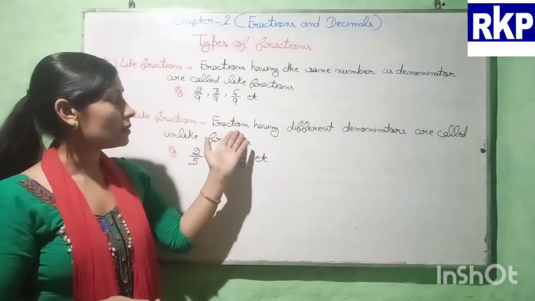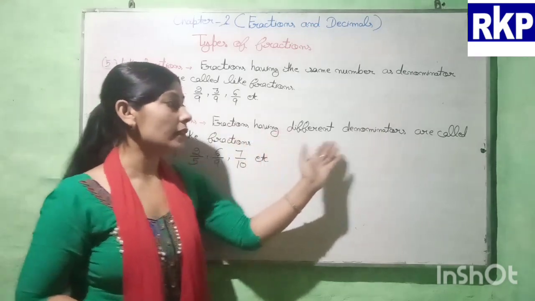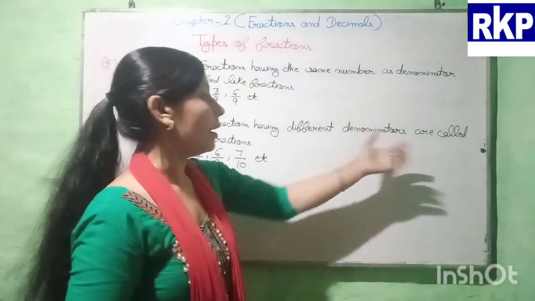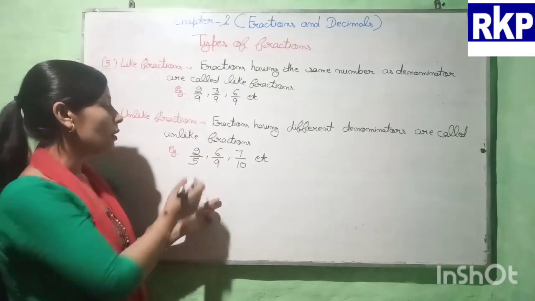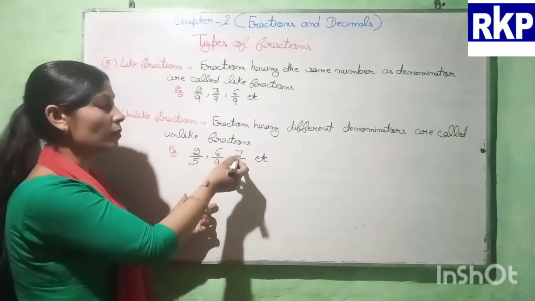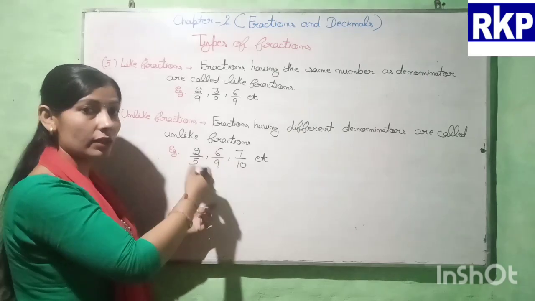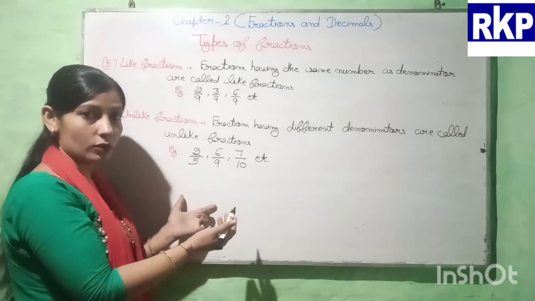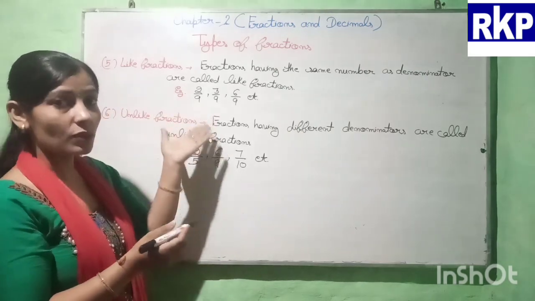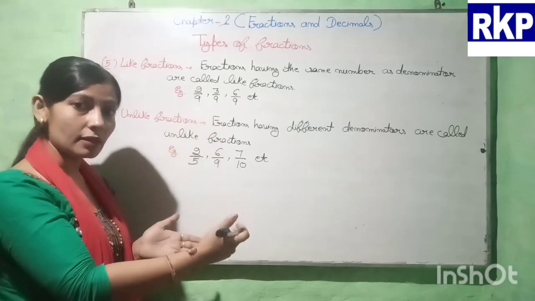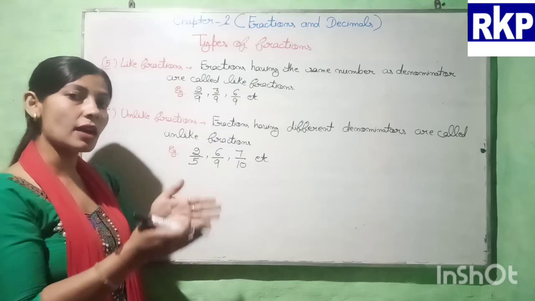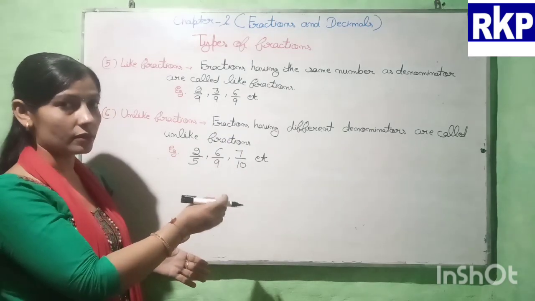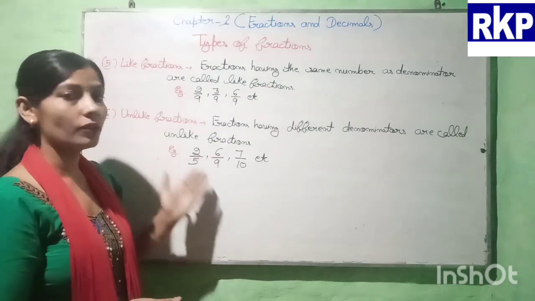The fractions which have different denominators are called unlike fractions. For example, 2/5, 6/9, 7/10. These all have different denominators. So fractions with the same denominator are called like fractions, and fractions with different denominators are called unlike fractions.